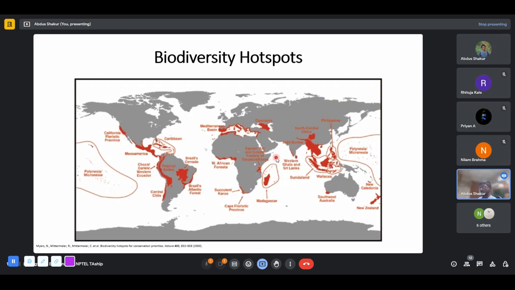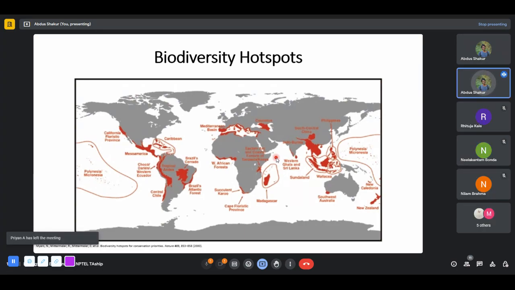So what these hotspots represent are those areas on earth that have an exceptionally higher amount of endemic species. If you remember from earlier, endemic species are those that are found only in specific areas, and those areas are generally very tiny.